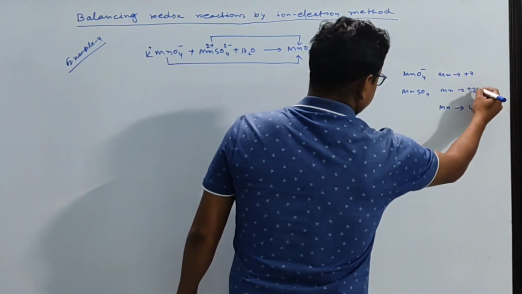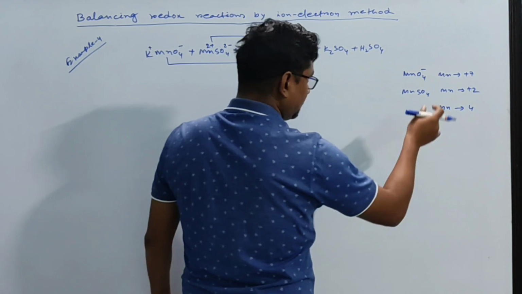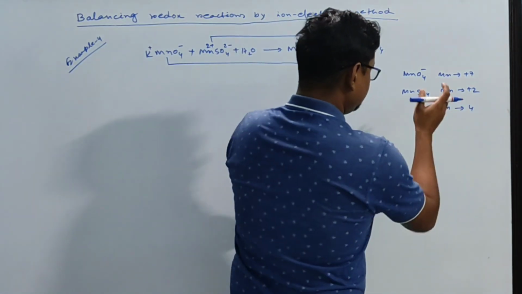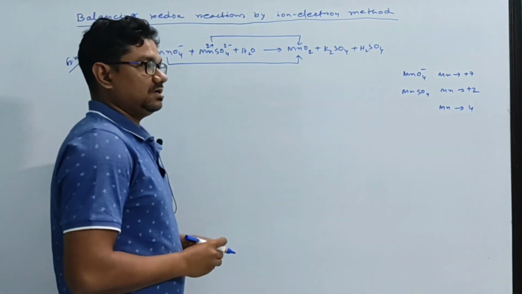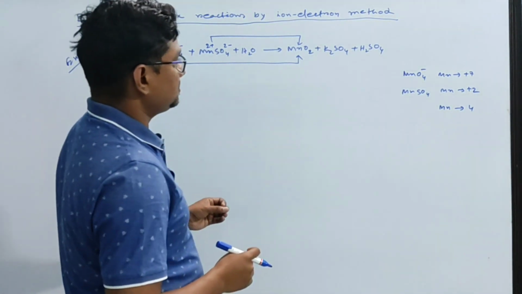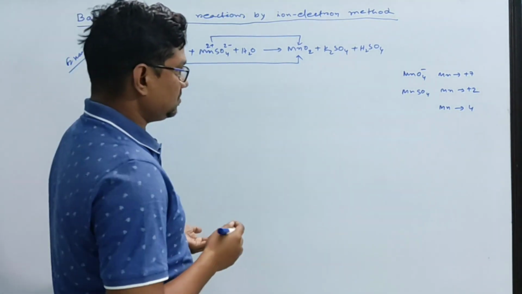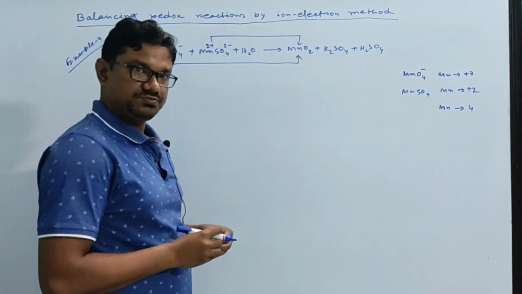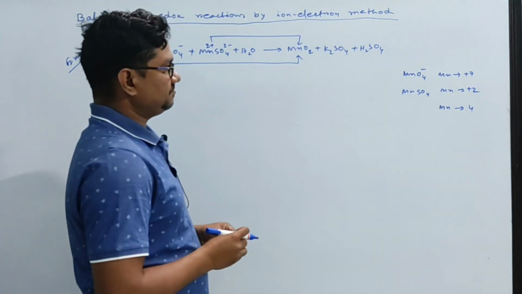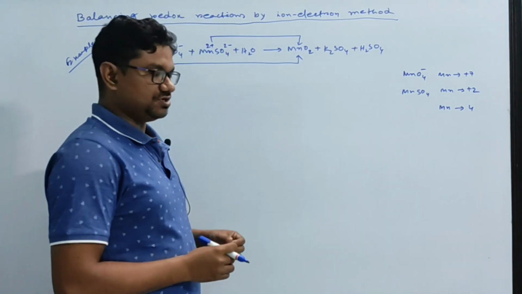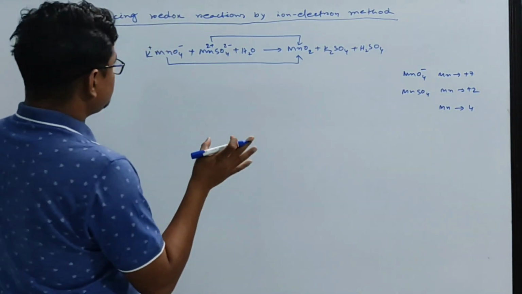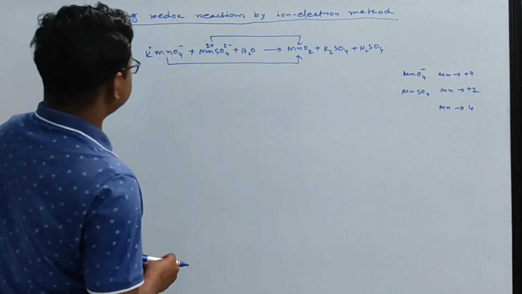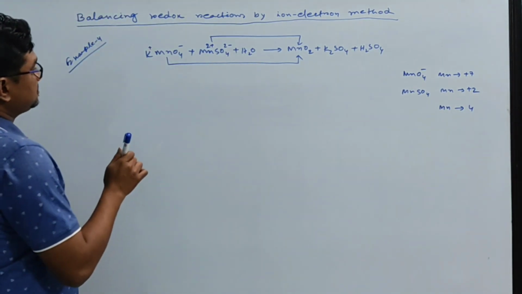So plus 7 and plus 2 are combining to give an oxidation state in between them. So this type of redox reaction is called comproportionation redox reaction. If the reverse reaction occurs, then it is called disproportionation redox reaction. Maybe I will make one video about this topic. Anyway, our topic is balancing the reaction, so let's concentrate on this.